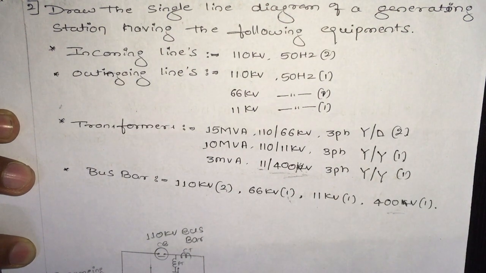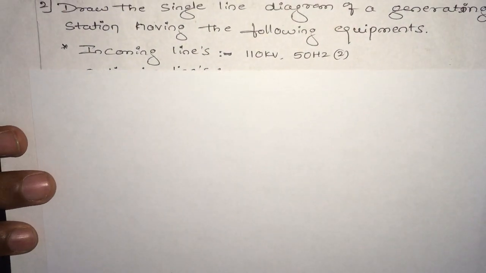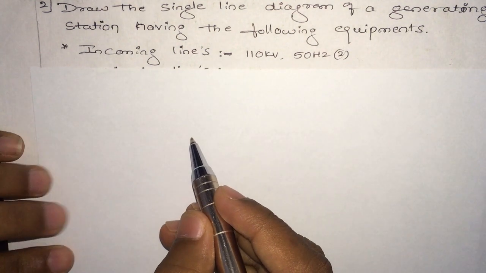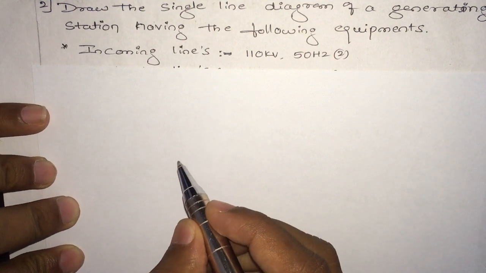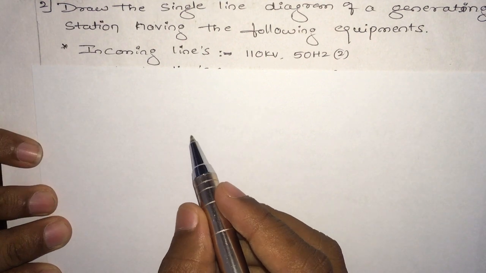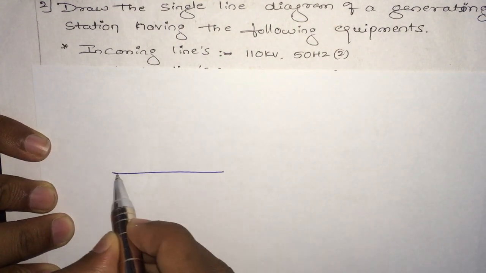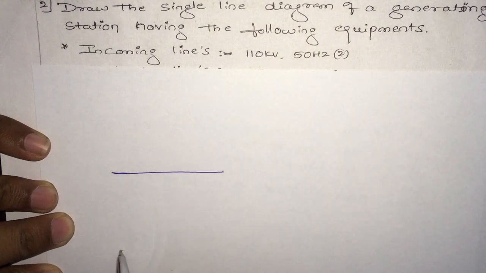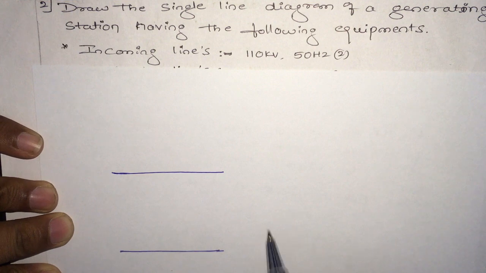Let us consider this one. We are going to draw the incoming lines. Since it is the first one, we are going to draw a draft of the single line diagram. First is the incoming line. Since the quantity is 2, we are going to draw two straight lines.